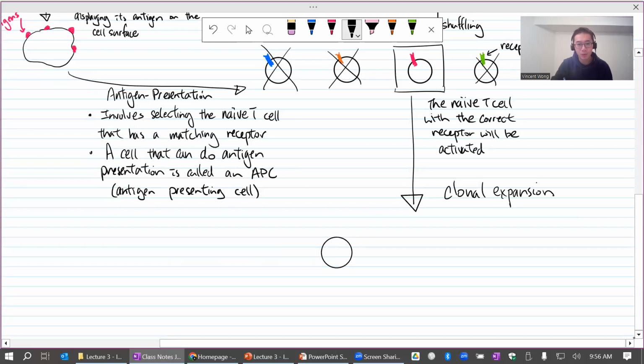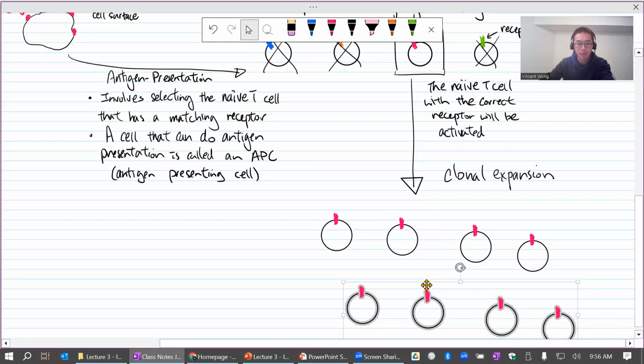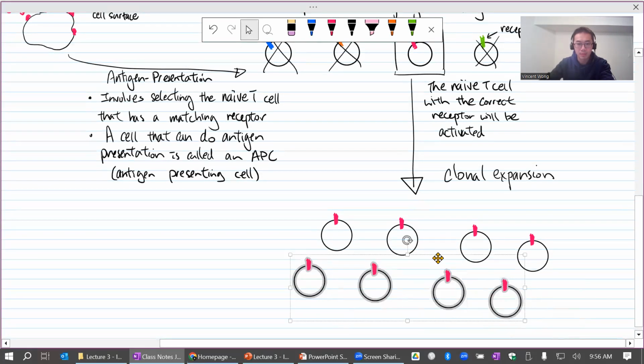Basically, the chosen one is going to do mitosis, and you're going to make many copies of the T cells.